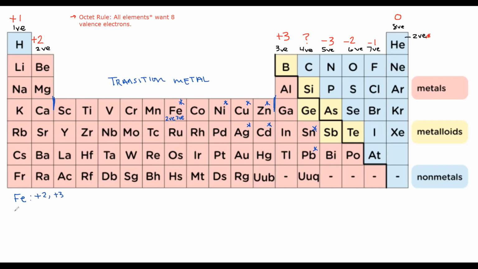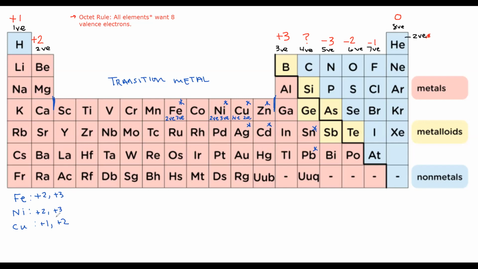The next one I want to talk about is nickel. Nickel, again, can have a 2 valence electron configuration or a 3 valence electron configuration. So my nickel can have a +2 charge or a +3 charge. Copper can have a 1 valence electron configuration or a 2 valence electron configuration. So copper can be a +1 or +2 ionic charge.